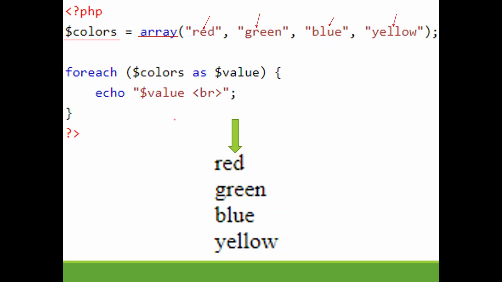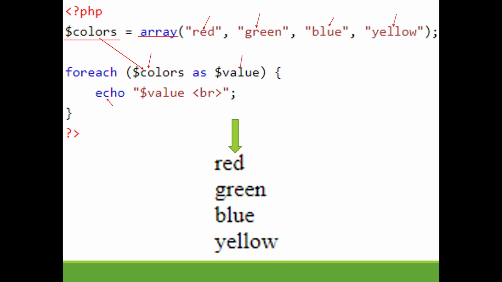So if we want to print values that are in the array, we can use the for each loop. So for each colors, which is the name of the array, as value. So we are creating another variable to store the value of the array on each loop.